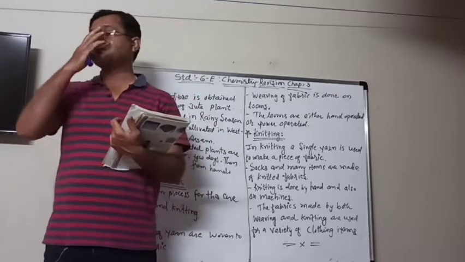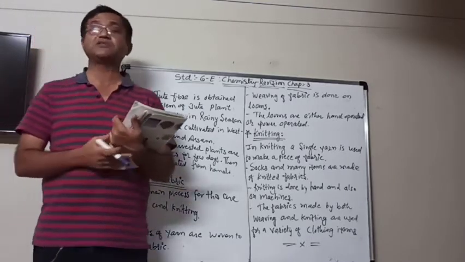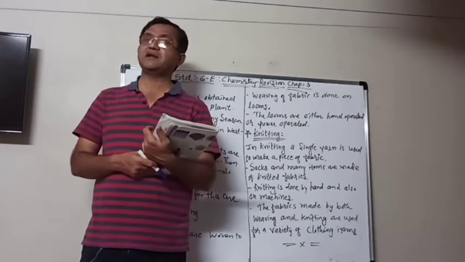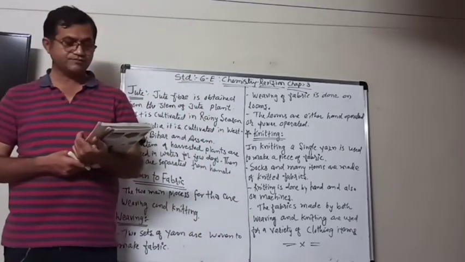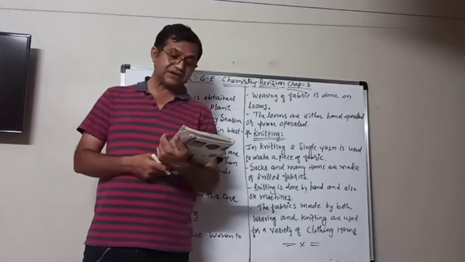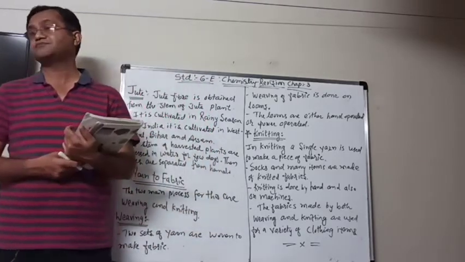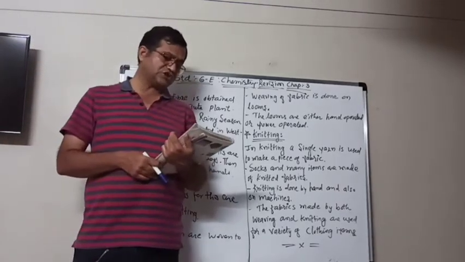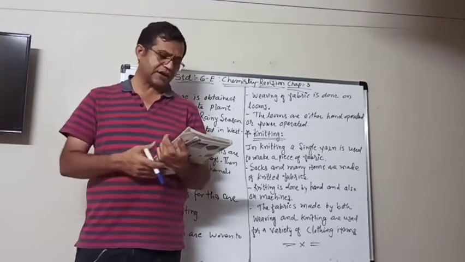If you search on Google, you will be able to see pictures of how they were draping different materials around different body parts. But with the invention of the sewing needle, people started stitching, and many variations could be done in it.